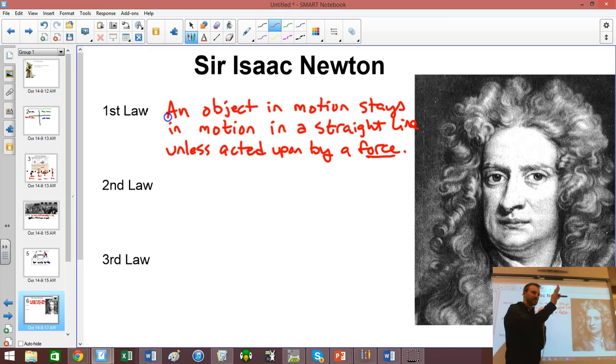On Earth, if I let go of something, I could push it forward, and it's not going to follow a straight line because the force of gravity is acting upon it.